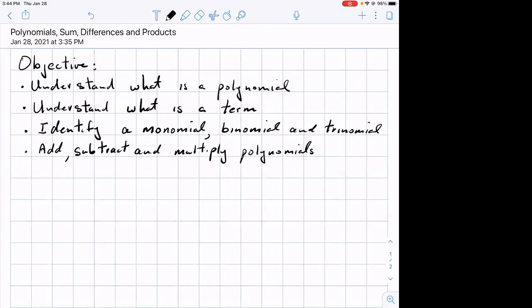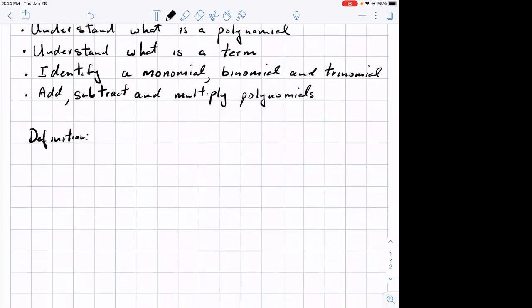So the first thing when we talk about polynomials, right? We can say a polynomial, here's our definition. A polynomial is any finite sum of terms.